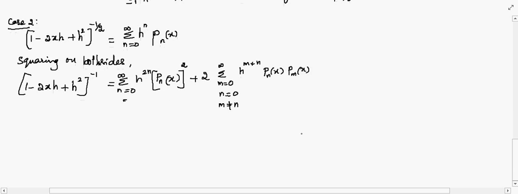Okay, now integrating between the limits minus 1 and plus 1 on the left hand side and the right hand side.